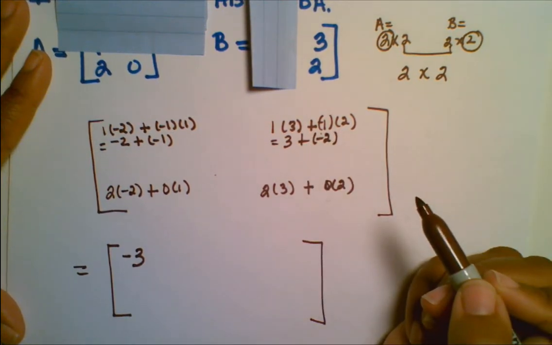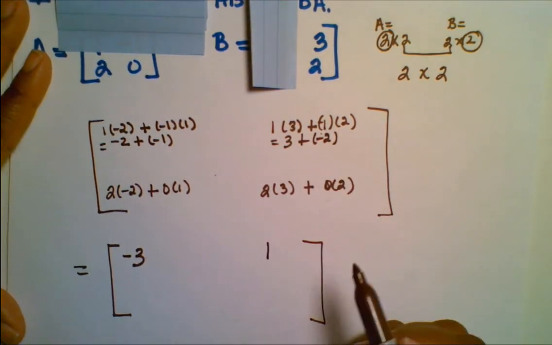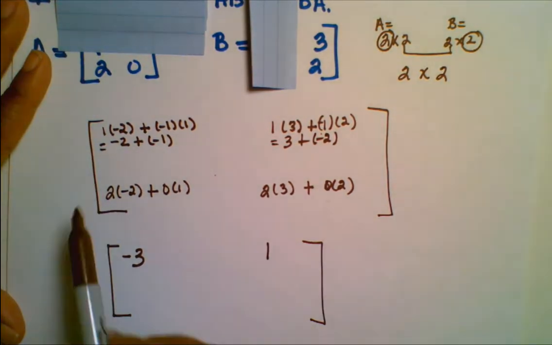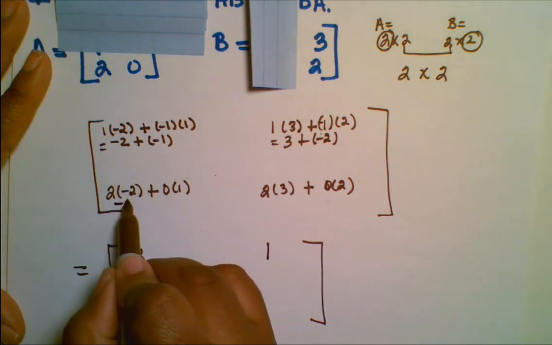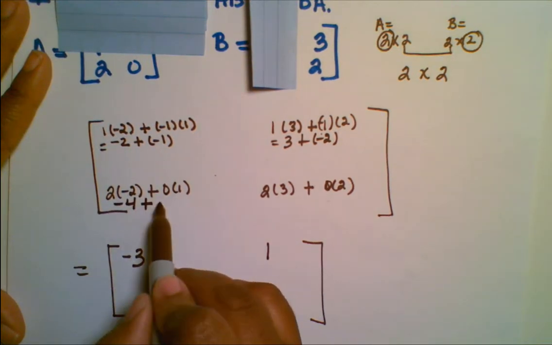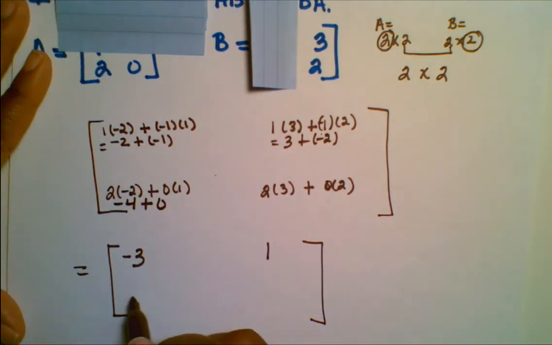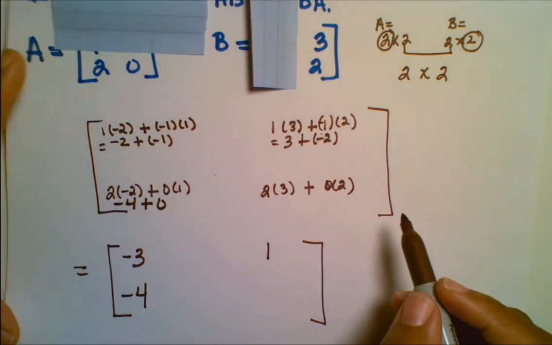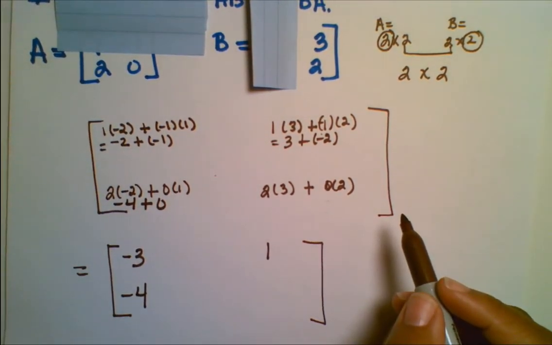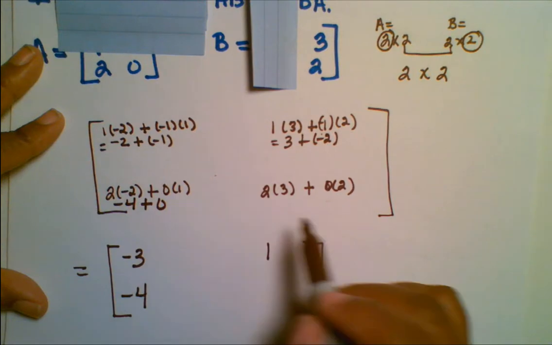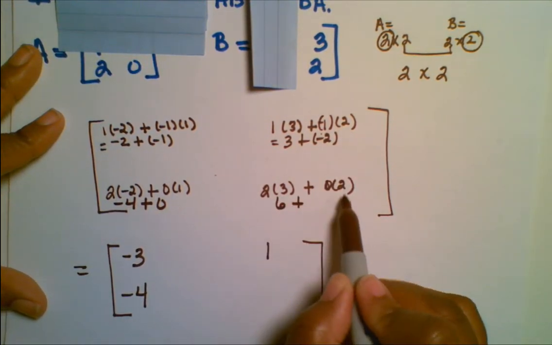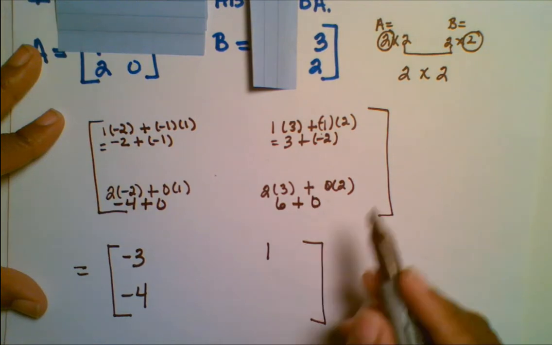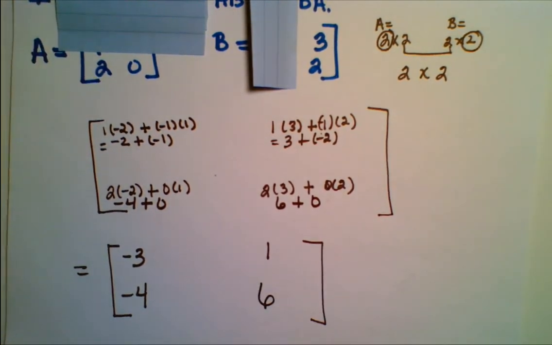Add those together and we get positive 1. Row 2, first column: 2 times negative 2 is negative 4, plus 0 times 1 is 0, so we have negative 4. And last, row 2, column 2: 2 times 3 is 6, plus 0 times 2 is 0. We have 6. So that is our solution.